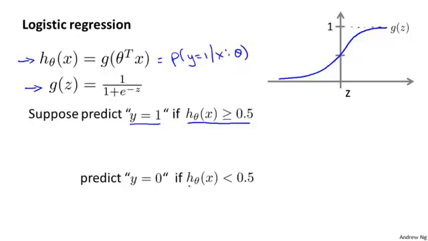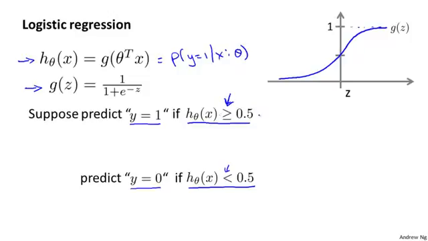And otherwise, if the estimated probability of y being equal to 1 is less than 0.5, then let's predict y equals 0. And I chose a greater than or equal to here and a less than here. If h of x is equal to 0.5 exactly, then we could predict positive or negative, but I put a greater than or equal to here, so we default maybe to predicting positive if h of x is 0.5, but that's a detail that really doesn't matter that much.